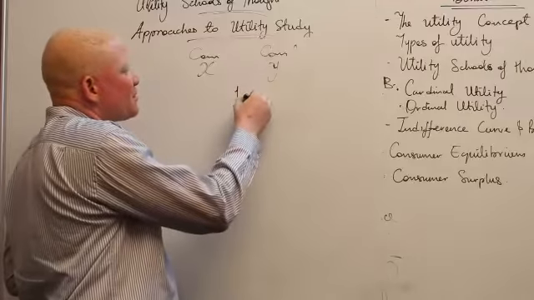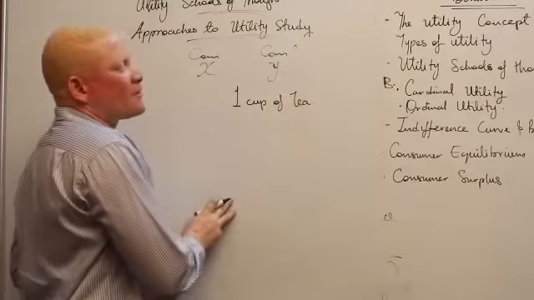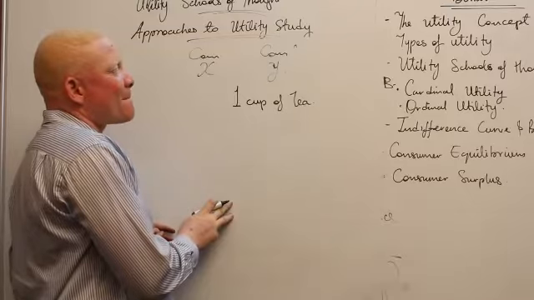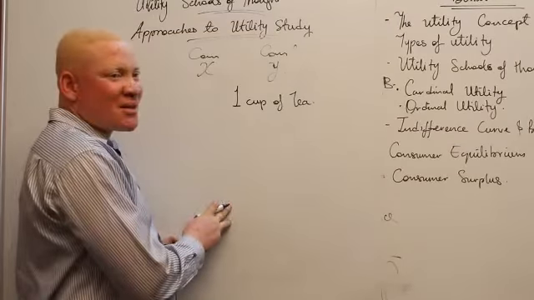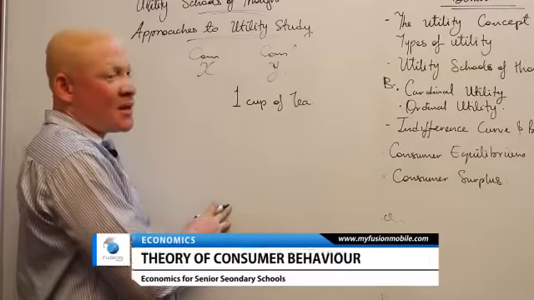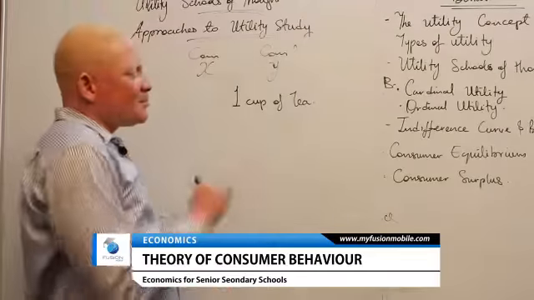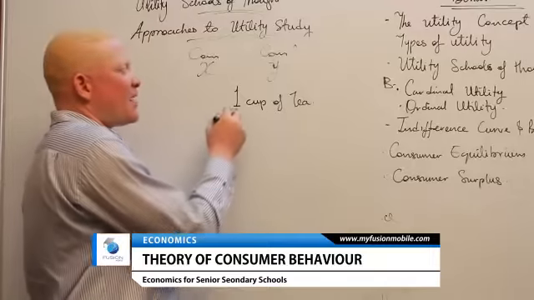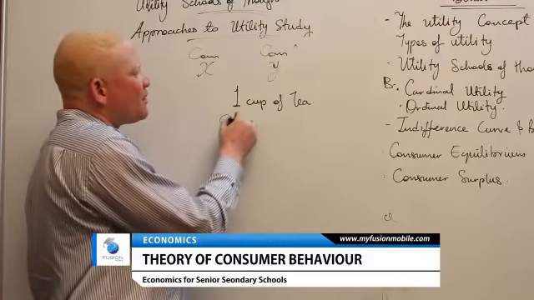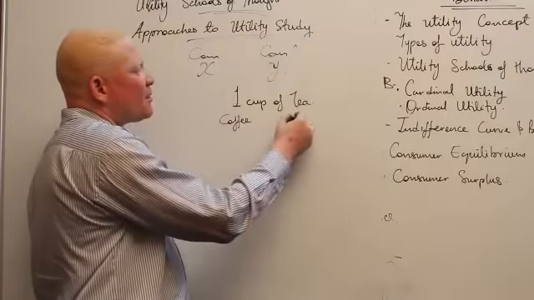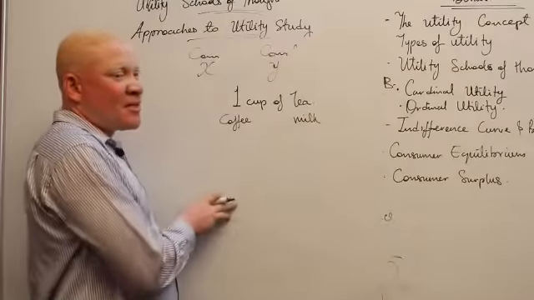A cup of tea someone wants to take every morning. I would like that. Now, my cup of tea, I use coffee and milk, a combination of coffee and milk.